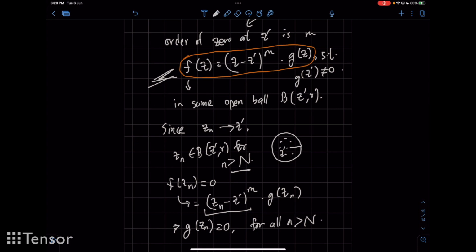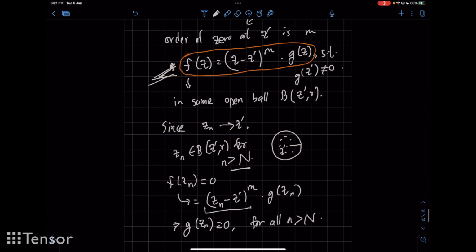Since our sequence converges to Z prime, after some big N, all the terms of the sequence are inside my open ball. So for all these Zn, where small n is bigger than capital N, this equality holds.